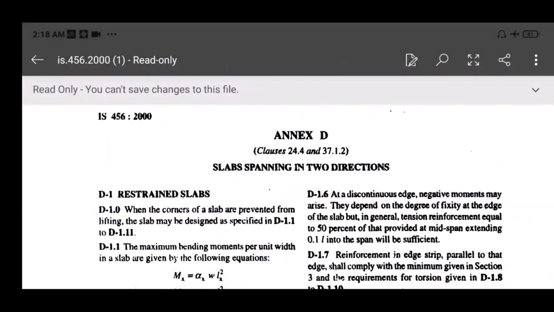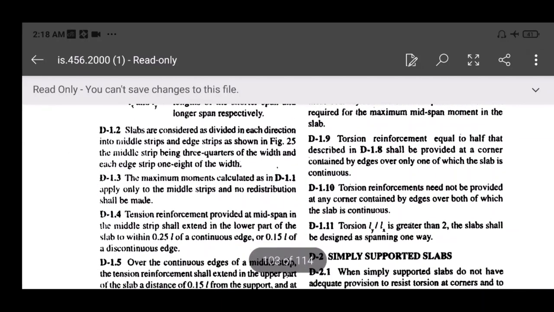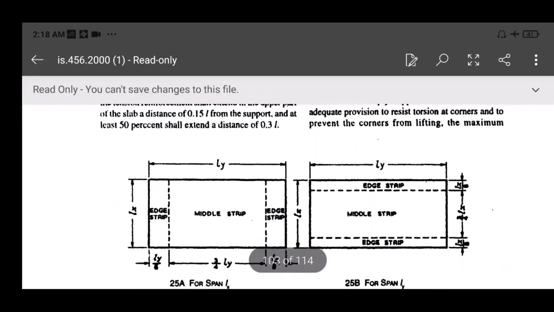So now Annex D of IS 456/2000, as per clause number D 1.2, slabs are considered as divided in each direction into middle strip and edge strips, as shown in figure 25. This is figure 25.